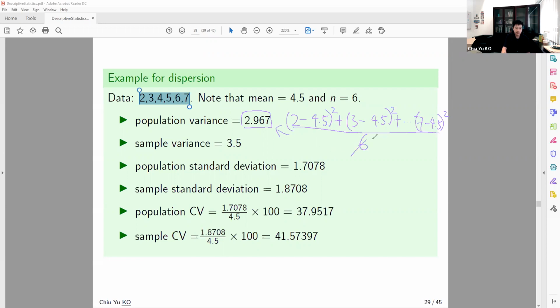If you instead divide by 5, it gives you this answer. You take a square root, it gives you this answer. Take another square root, it gives you this answer. The population CV will be this divided by the mean, and this divided by X bar gives you this one.